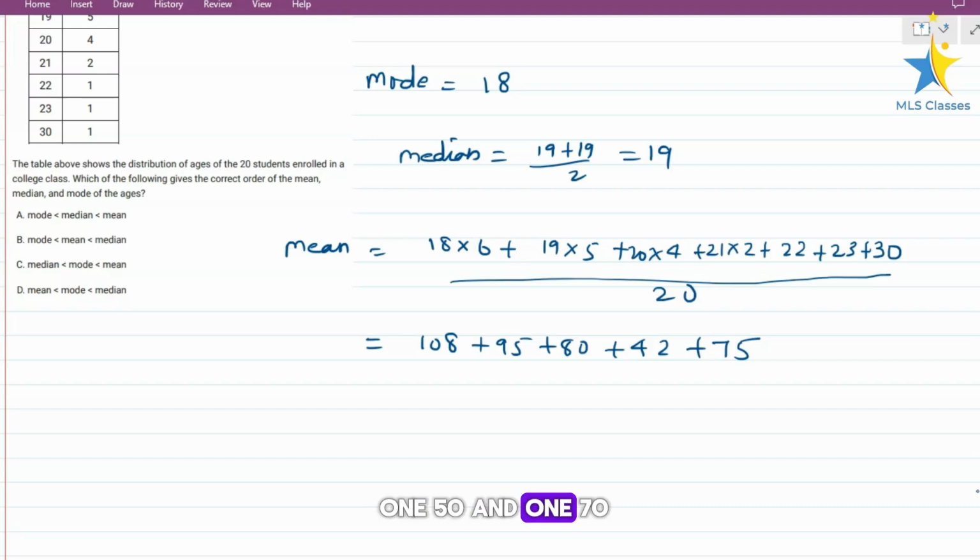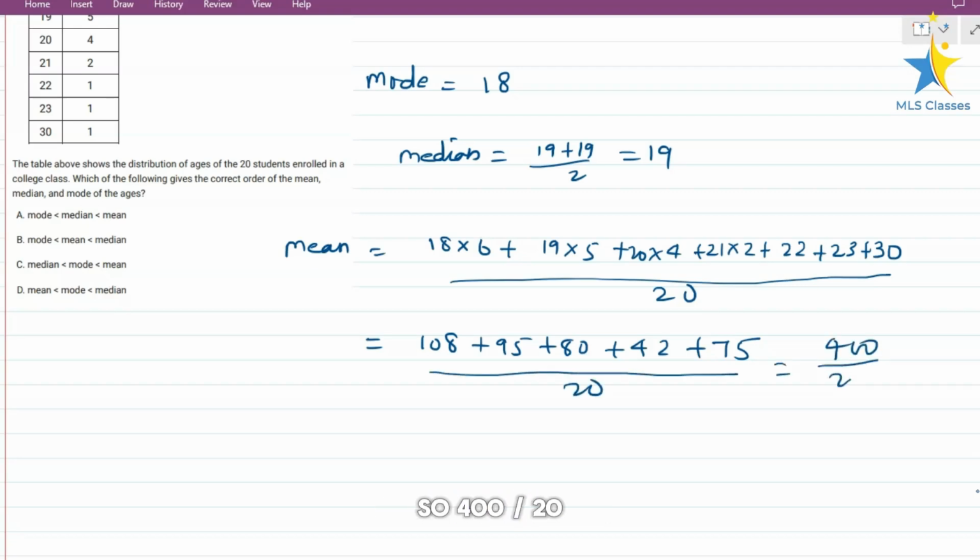So 150 and 170, that is 320, plus 80, 400 we are getting total. So 400 divided by 20 will be equal to 20. So here mean is greater than median is greater than mode. If we see the options, mean greater than median greater than mode is option A.